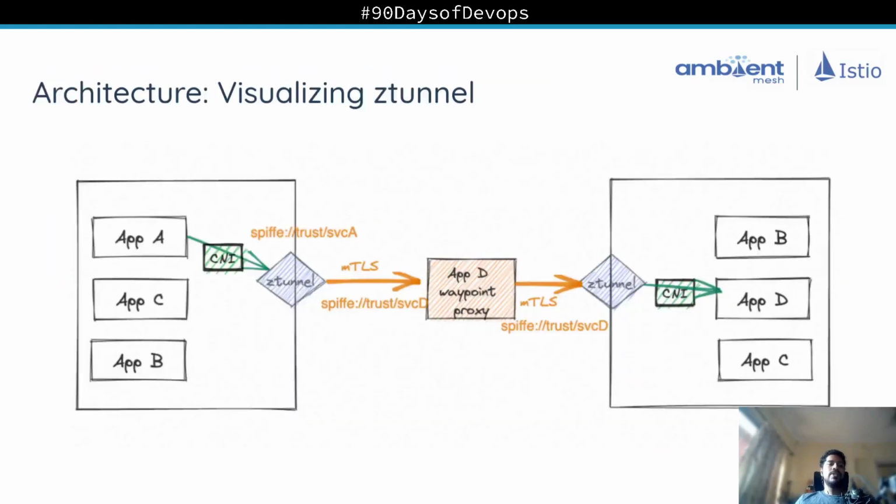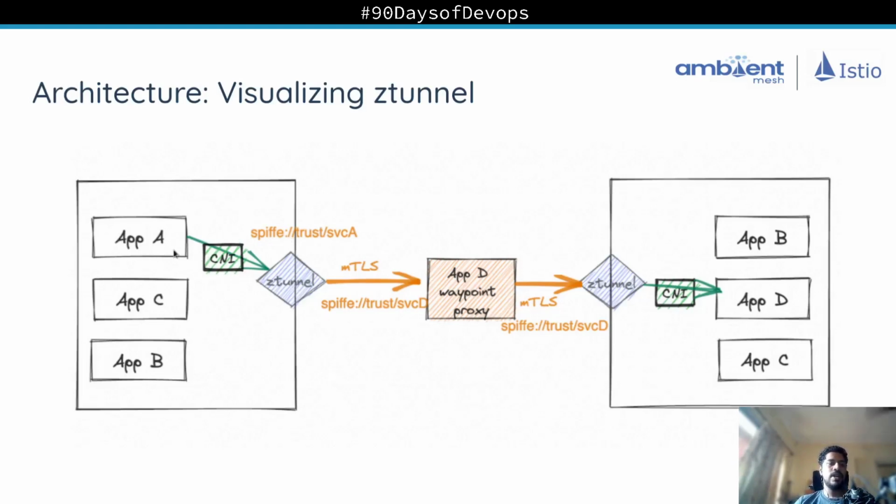So let's dive into the architecture a bit, right? The way this works is you have app A running maybe in one node, app B in another node, app D in another node, right? You have your CNI layer and you have ztunnel that runs on each node. So you will have an identity for this that will be impersonated.